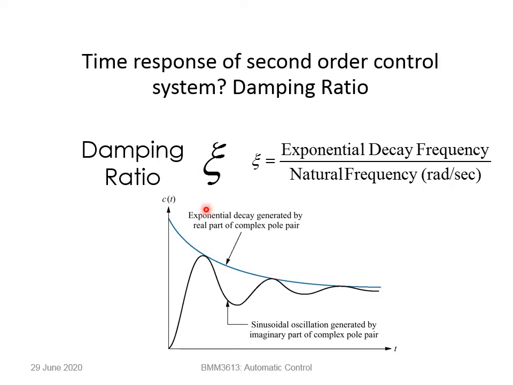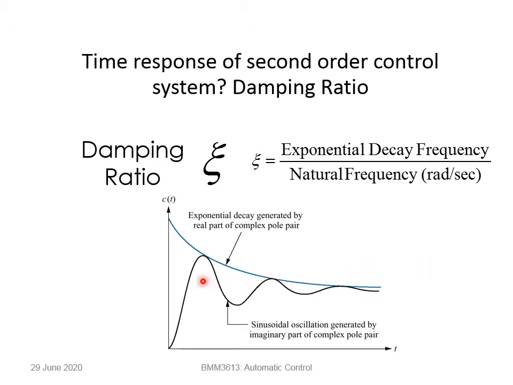If we have a high damping ratio, what does it mean? Try to analyze this. If we have a high damping ratio, that means the decay is very important compared to the natural frequency. So for a certain natural frequency, the decay is very quick. What does it mean to have a very quick decay?